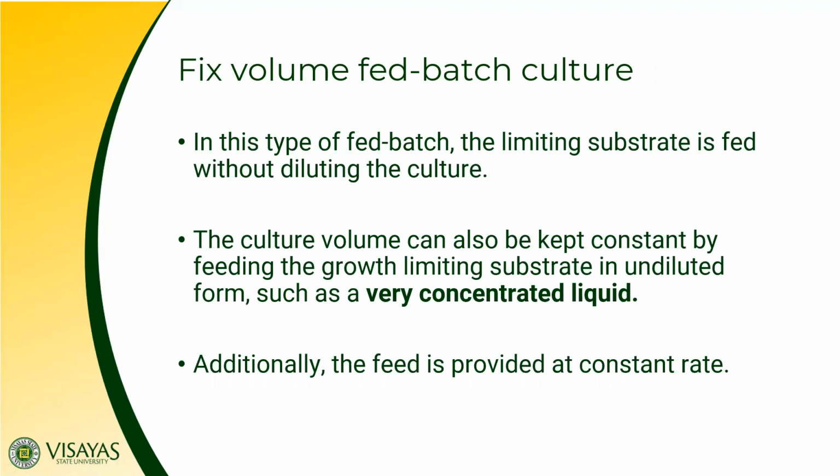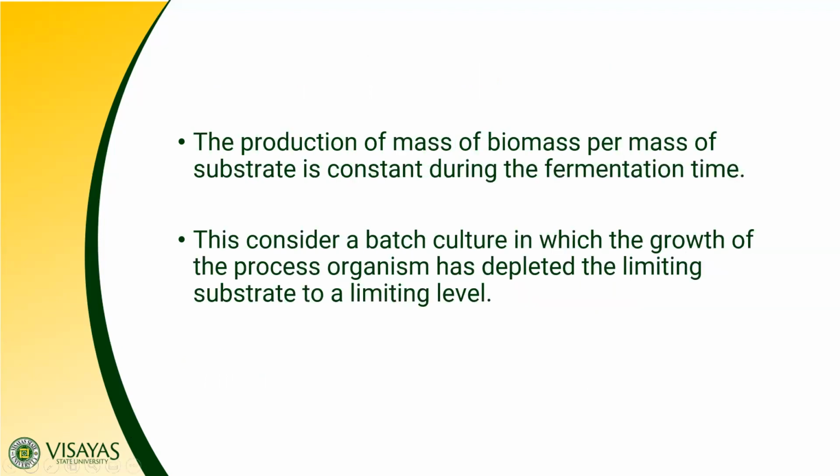As the name implies, it is fixed, so the feed is provided at a constant rate. So every 30 minutes, there is a constant rate of feeding of the substrate in the bioreactor.